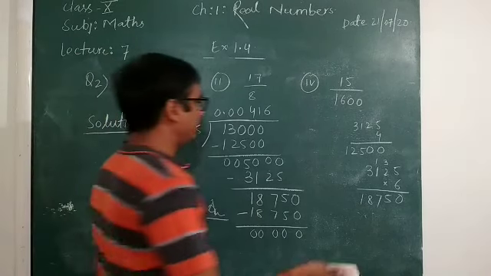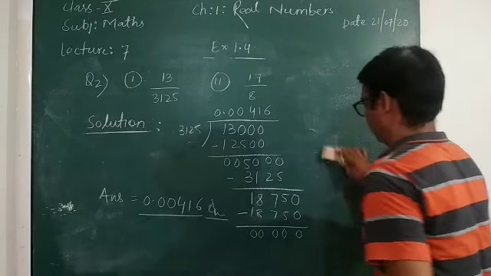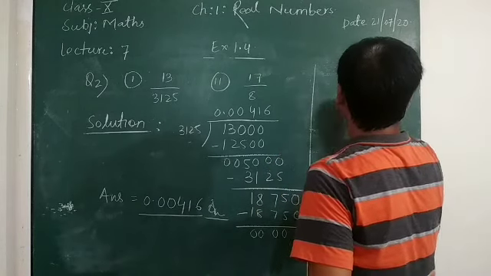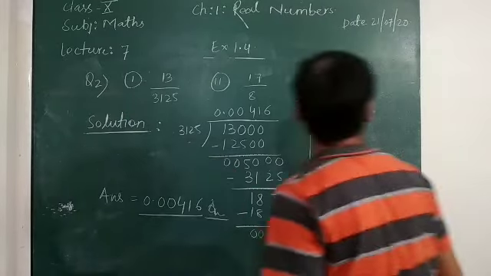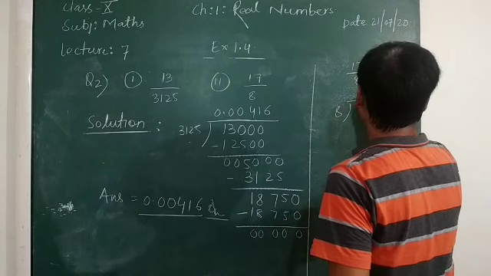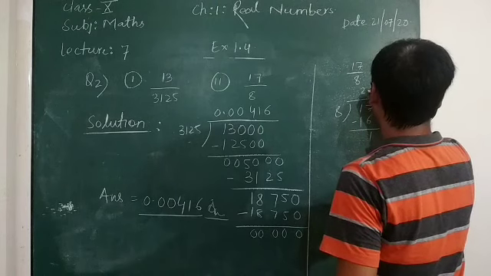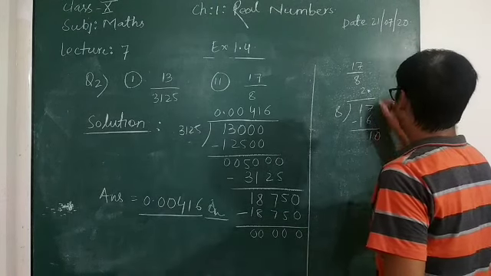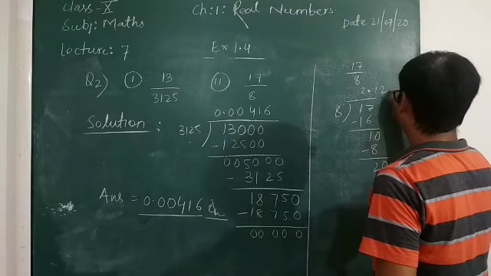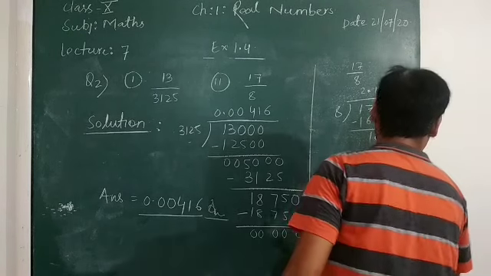So 17 upon 8, if you divide it now: 8 2 16, the point is there, so you will get 1, 8 1 is 8, 2 you will get, so 0, 8 2 16, 4 it is, so 8 5 40.